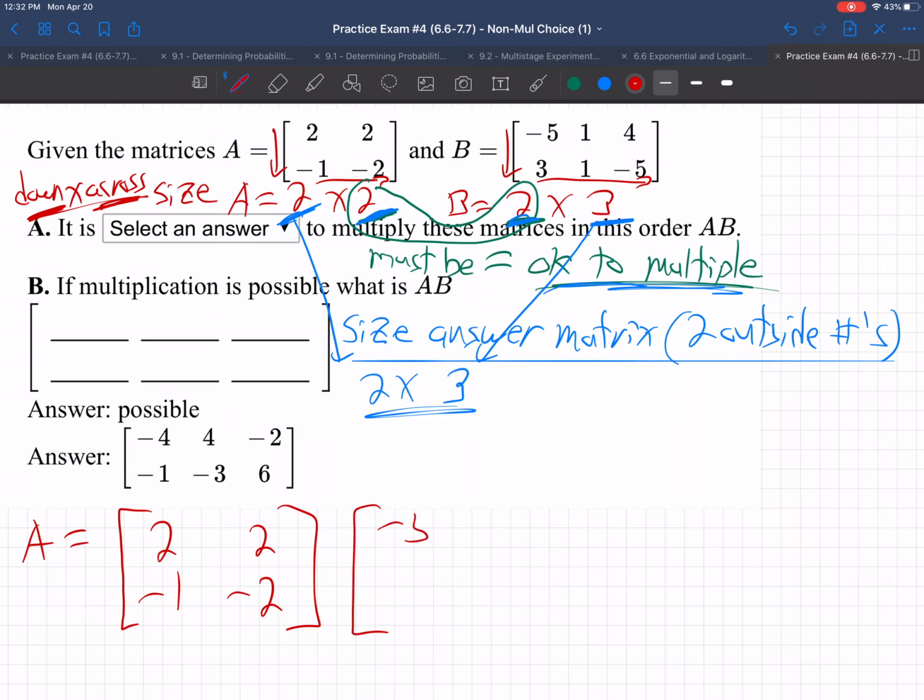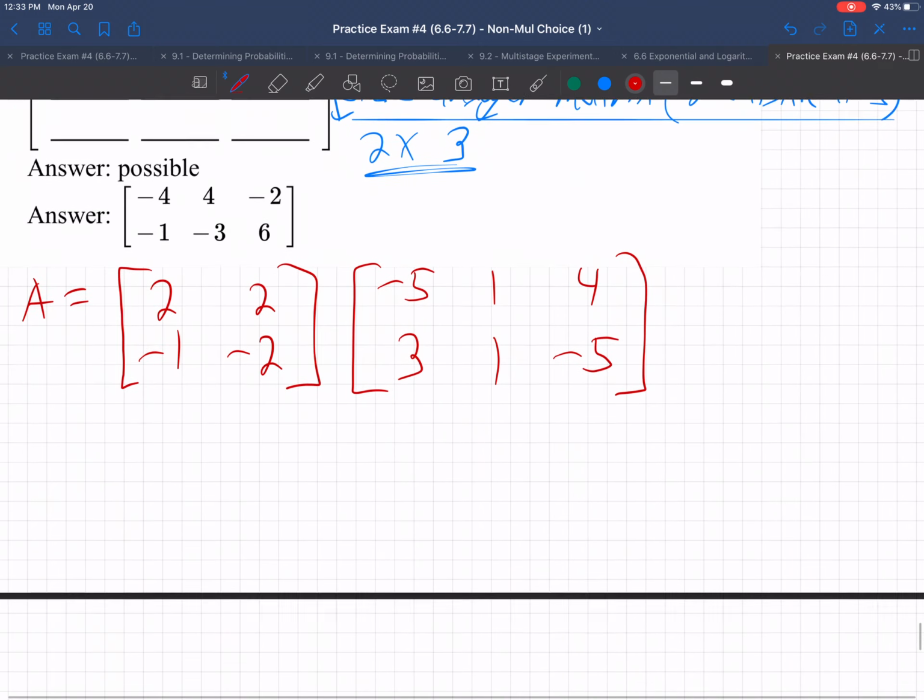Matrix B, minus 5, 1, 4, 3, 1, negative 5. I'm going to show this by hand, and then I'm also going to show it to you using Desmos' website, and then I'll also attach another video where a gentleman has done it on the TI calculator, because it's a lot easier with a calculator than all these other methods.